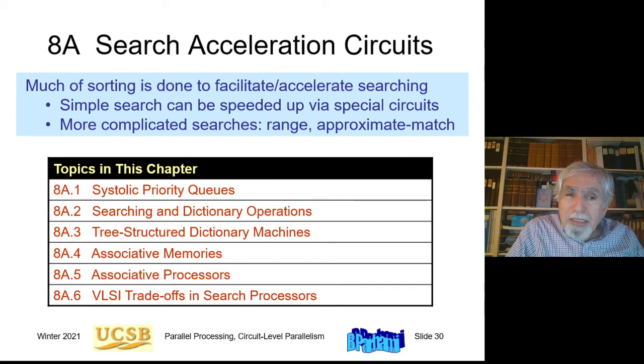Chapter 8 has been split into 8A, 8B, and 8C by introducing a lot of new material, new examples. So Chapter 8A deals with the search acceleration circuits part of the original Chapter 8.